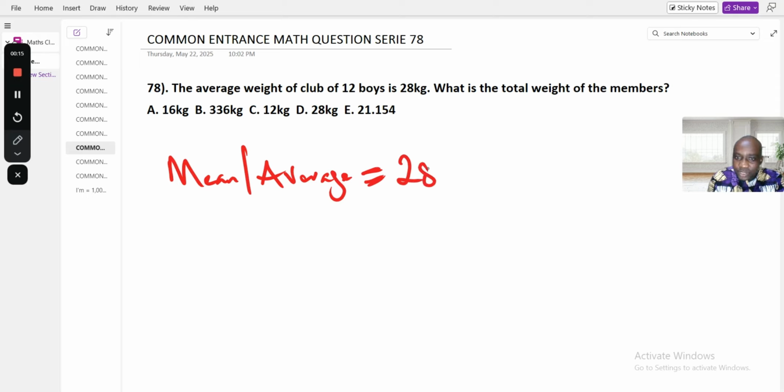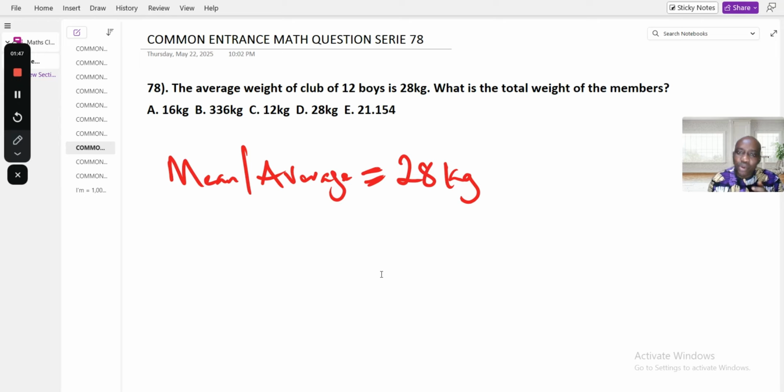Let me put 28 kilogram here. That's their average. Now, let's look for the total weight of the members. You know, when we are calculating our mean, we always add all the sequence together and divide it by the total number of boys there, isn't it?